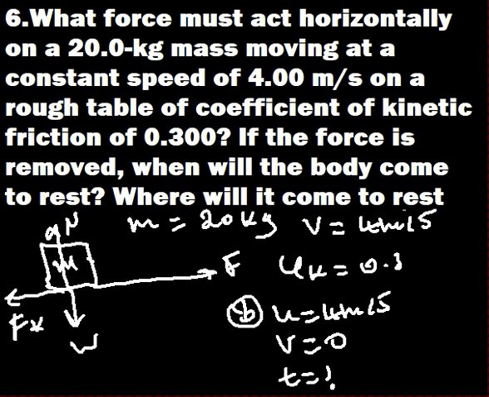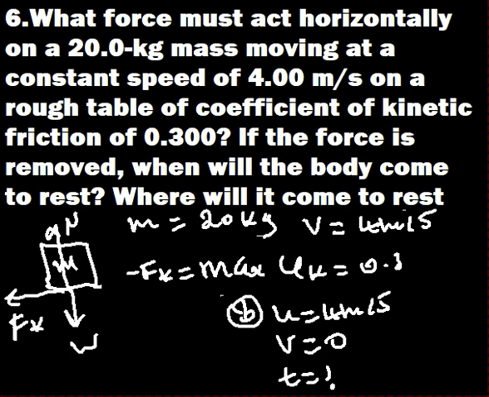If the force is removed, it means the only force that will be there is the kinetic friction force. Then Newton's second law of motion says that the summation of the forces along x, which is negative Fk, will be equal to the mass times acceleration, of which the acceleration will be negative.